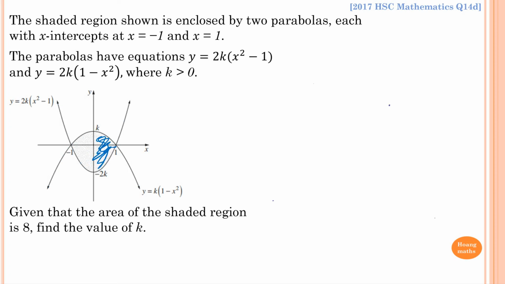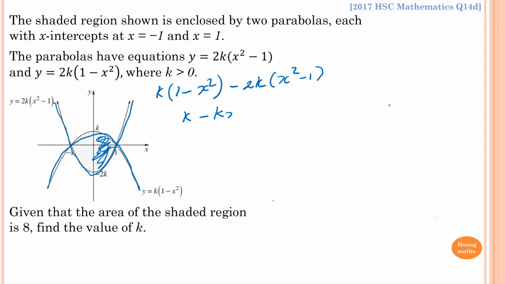So first of all, I use this function, which is k times 1 minus x squared, minus this function here, because it's underneath. So minus 2k times x squared minus 1. And if I expand this out, it gives me k minus kx squared minus 2kx squared plus 2k.